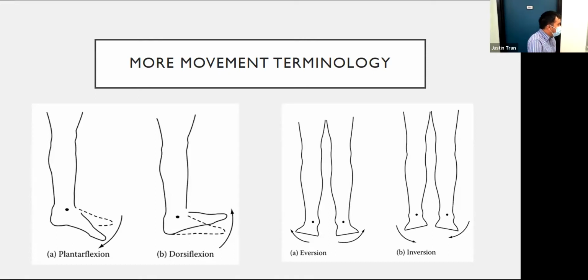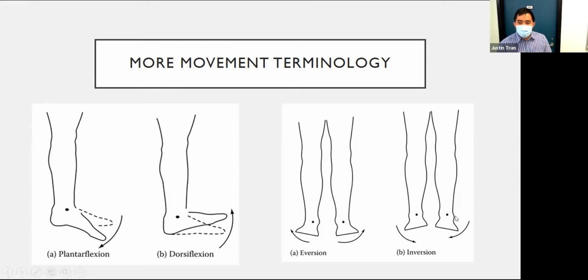Dorsiflexion means you're bringing your toes upwards. The way I remember dorsiflexion is to think of the dorsal fin of a dolphin. The dorsal fin raises upwards on the back of a dolphin, and when your foot does the same thing, you bring the toes up. I know it doesn't look anything like a dorsal fin, but I think of it as forming that kind of fin. So plantar flexion, dorsiflexion. These two are opposites.